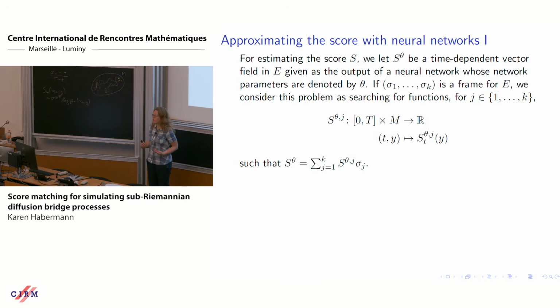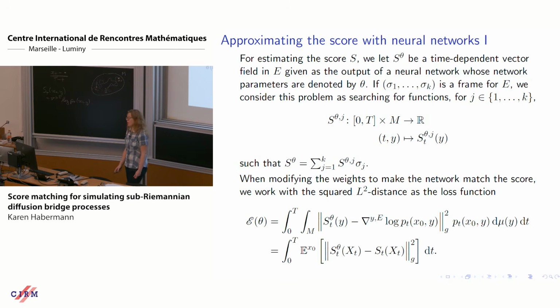So we need to find a way of saying, okay, what is a good approximation to the score? What is a bad approximation to the score? And throughout, we want to work with the squared L2 distance. So this here was our true score. This st theta is meant to be an approximation of the score.